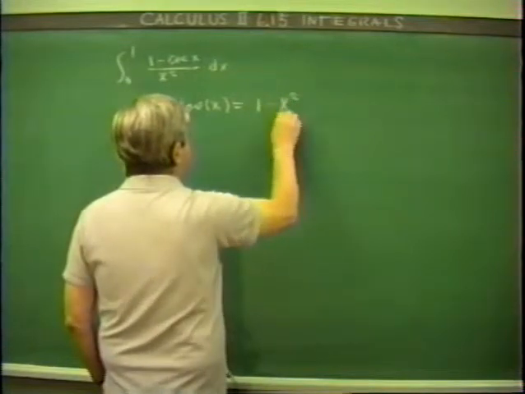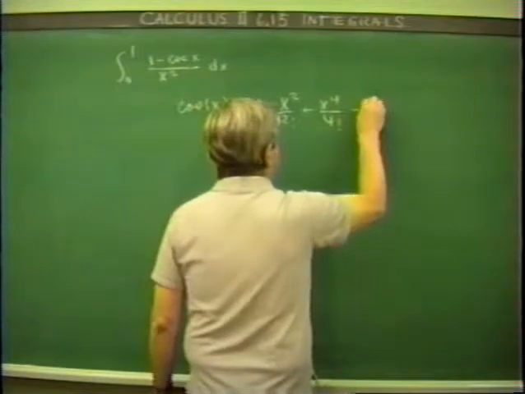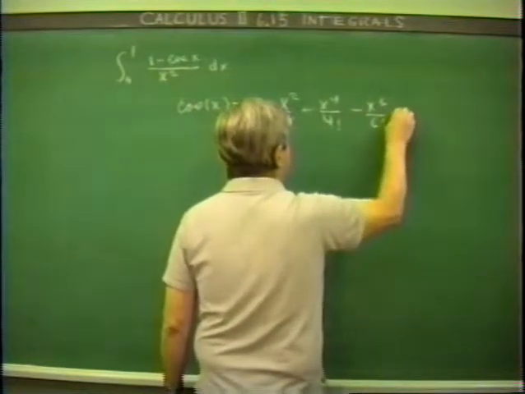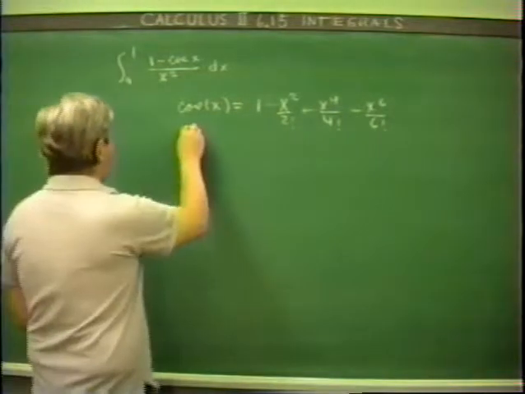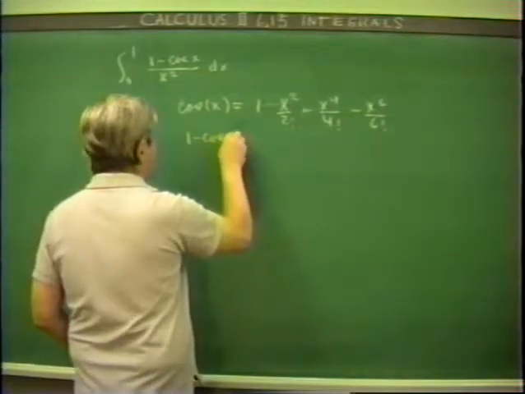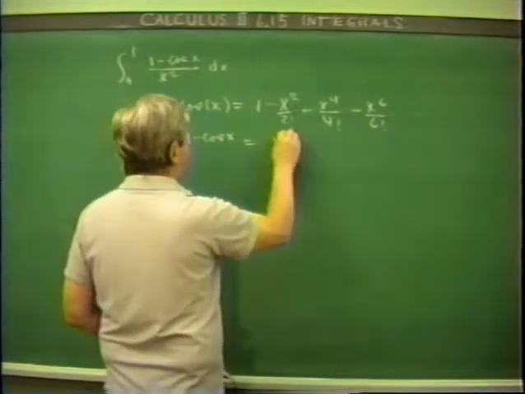Cosine of x is equal to its power series: 1 minus x squared over 2 factorial plus x to the 4th over 4 factorial minus x to the 6th over 6 factorial, and so forth. Let's just carry it out this far.